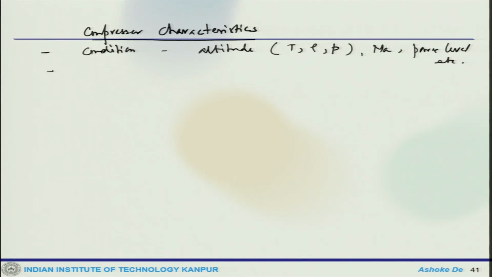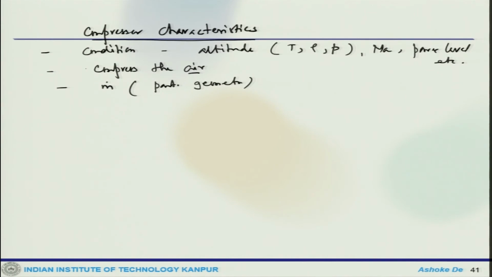So, as we have already talked about several times, the main idea behind the compressor is to compress the incoming air. So, it essentially pressurizes the incoming air dynamically, and the pressure rise depends on mass flow rate for a particular geometry. Okay.